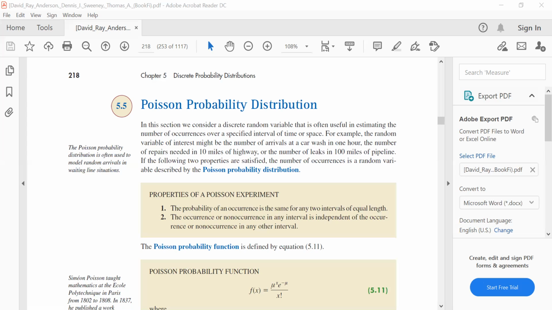The occurrences, that means the number of defective items, are random and discrete because there may be 0, 1, 2, 3 up to 100 defective items in 100 items. We can assume the occurrence of defective items to be independent of one another.